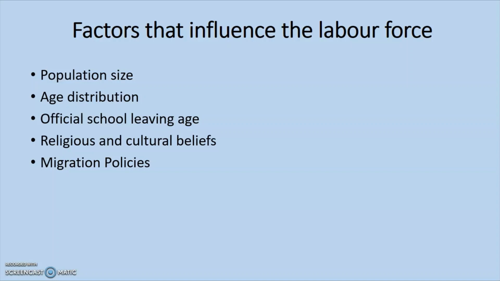Then we talk about migration policies. Now we know that migration simply means the movement of persons from one place to the other. A typical example of a migration policy is where we have emigration policies and then we have immigration policies. Now let me differentiate between emigration and immigration. Emigration simply means people moving from their home country to settle permanently in another country.